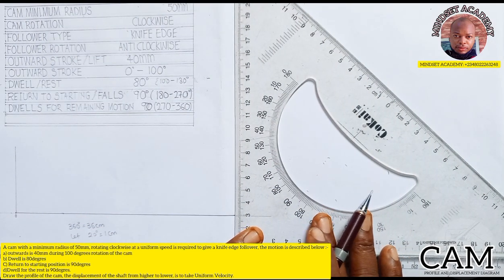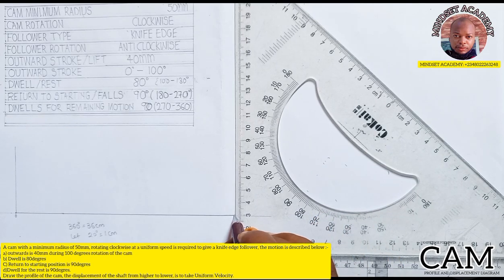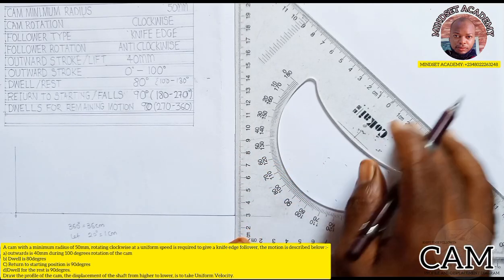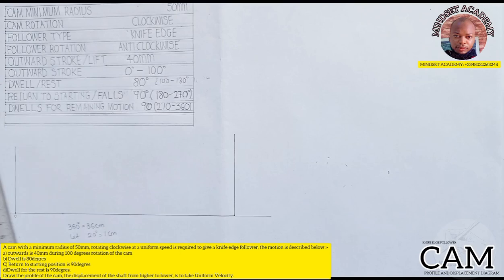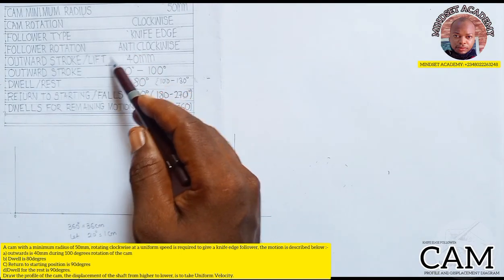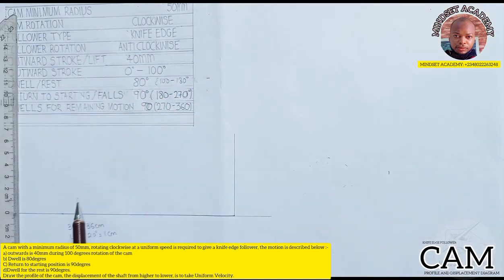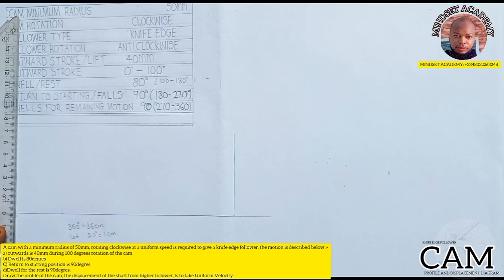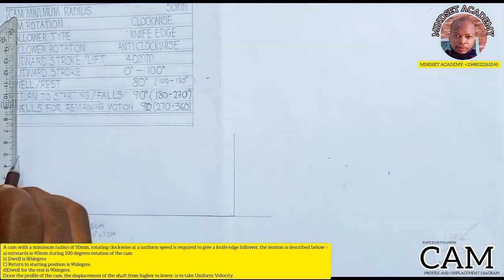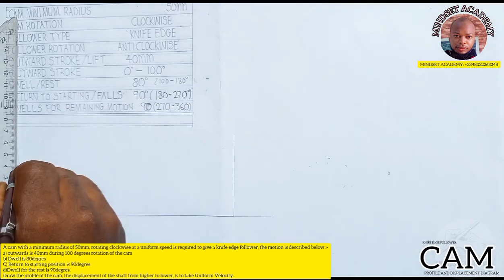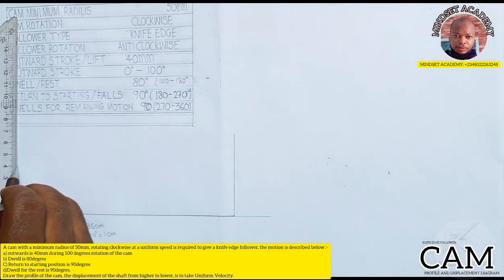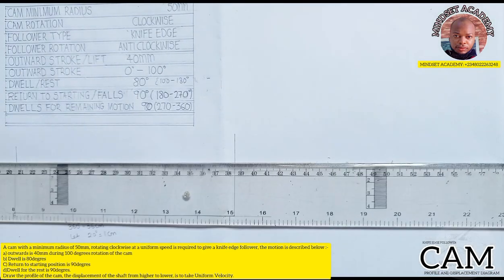And I have this. So the height is given to be this, which is the lift, and that is 40. So I'm going to measure the 40 from 0 to 40. Can you see that? From 0 to 40. And I'm going to close it up.